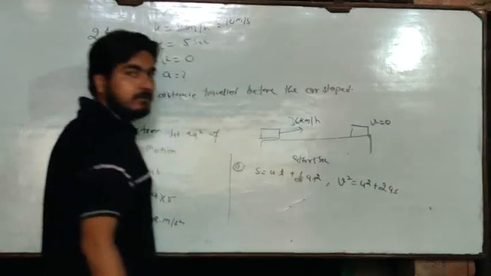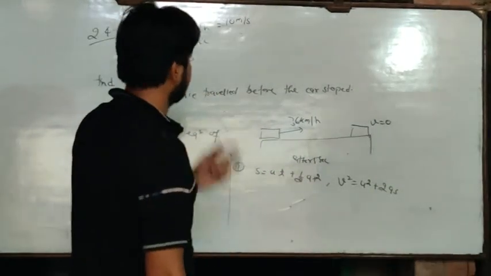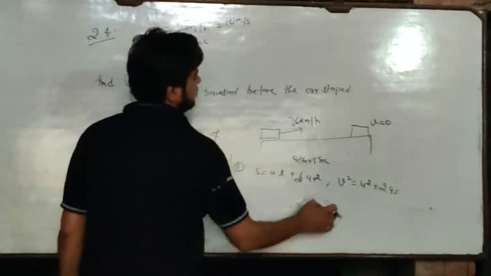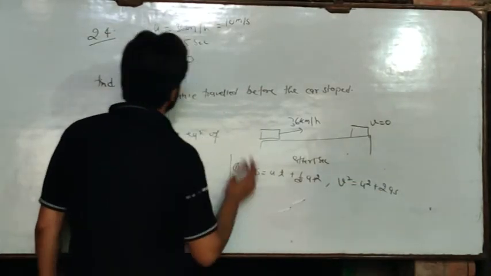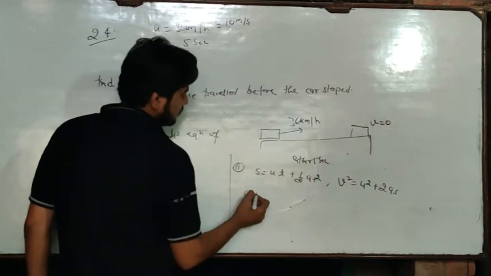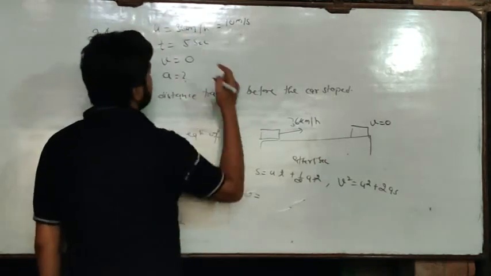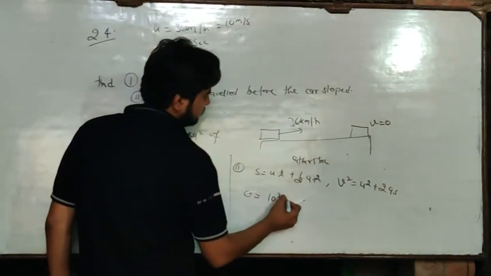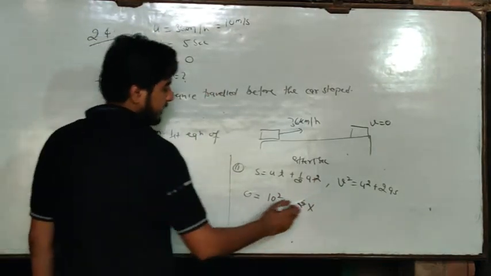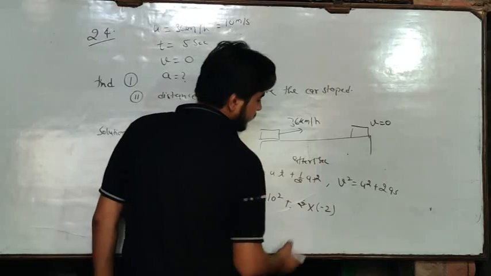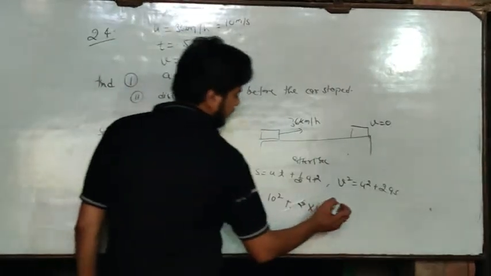We can use any one of these. We will use this one. v square is equal to u square plus 2as. v square is equal to 0, u square is 10 square, plus 2 into a, the value of a is minus 2, into s. We have to find the value of s.